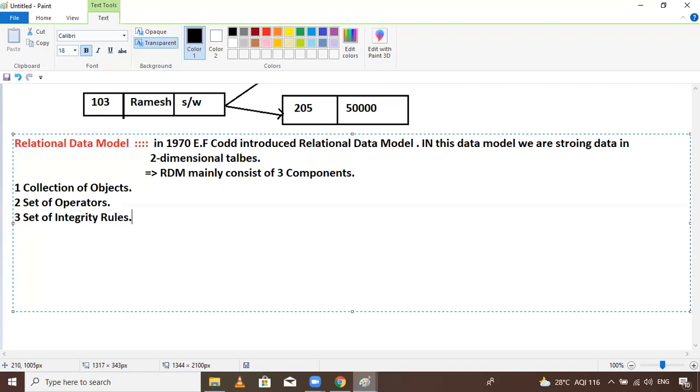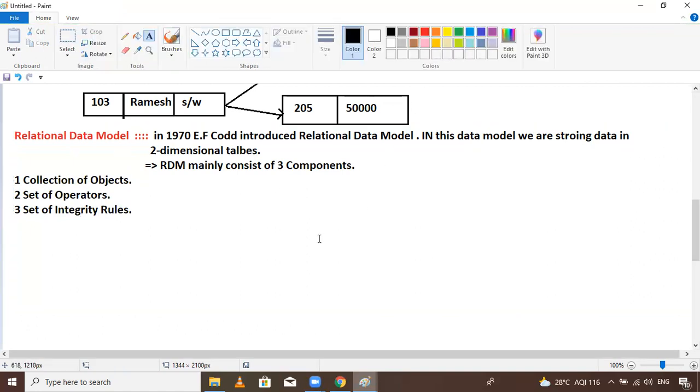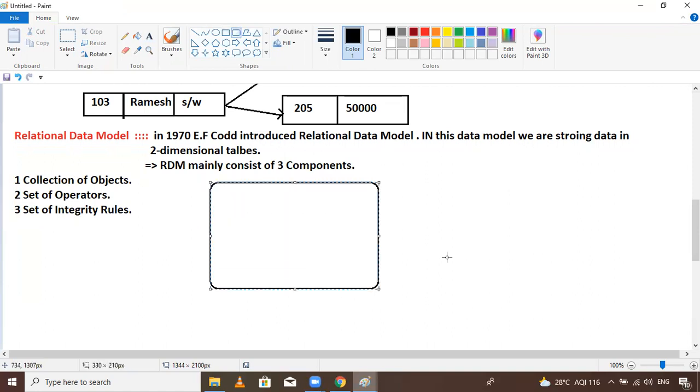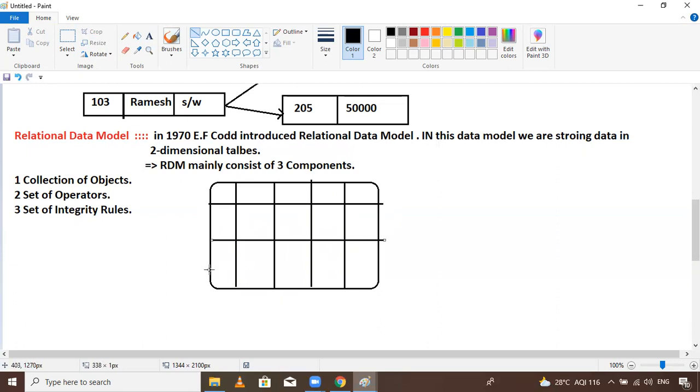Mainly these three things a relational database consists of. So what is the relational database representation here? Nothing, just one table, and inside the table these things are provided. Table formatted. This is the relational database representation.